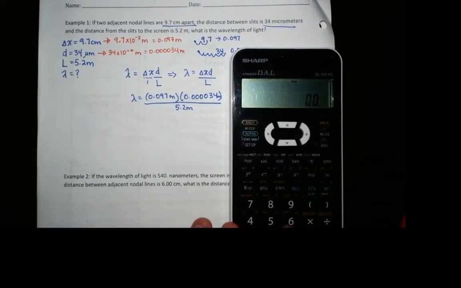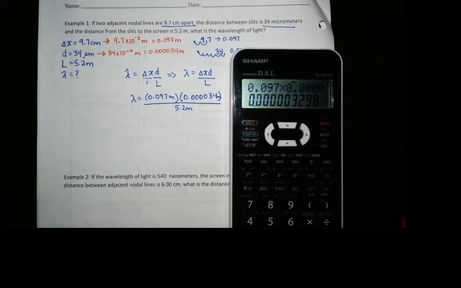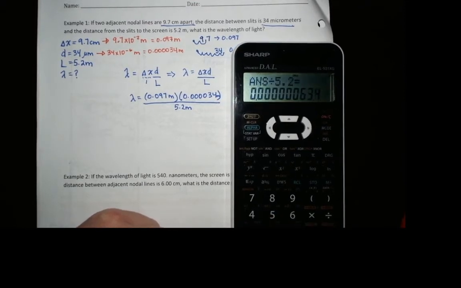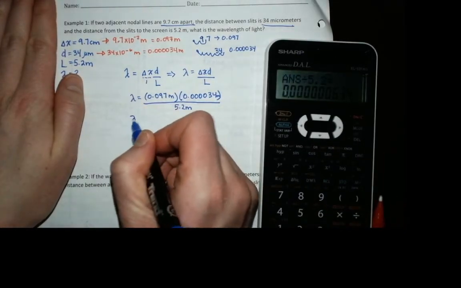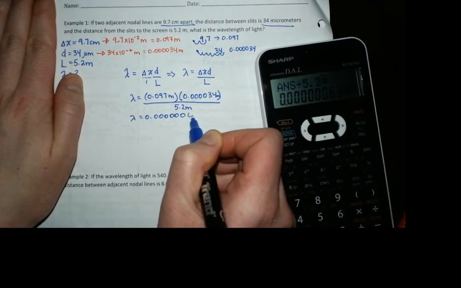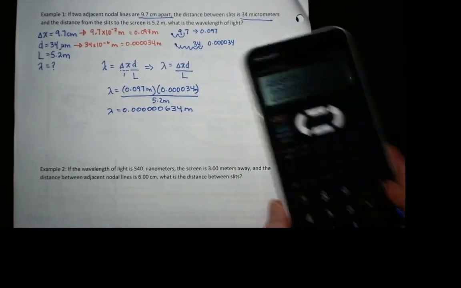So 0.097 times 0.000034. I hit equals, and then I divide by 5.2. Divide 5.2. We get, wow, that's a lot of zeros. If I'm counting correctly, it looks like 6. 1, 2, 3, 4, 5, 6. 6, 3, 4 meters. Okay?